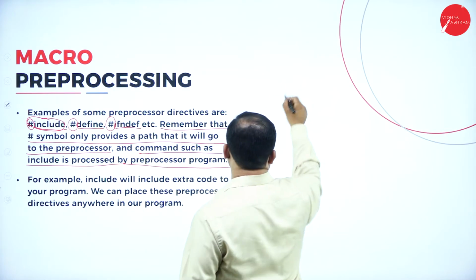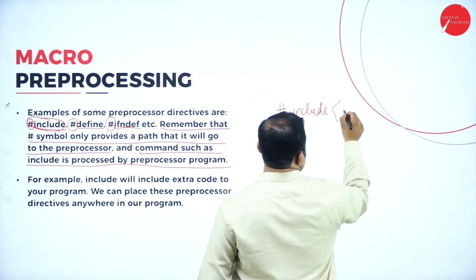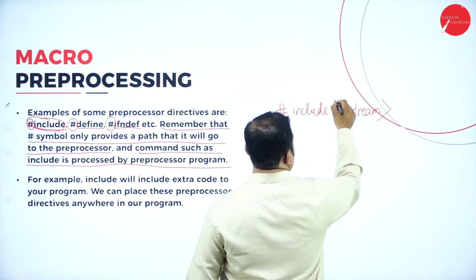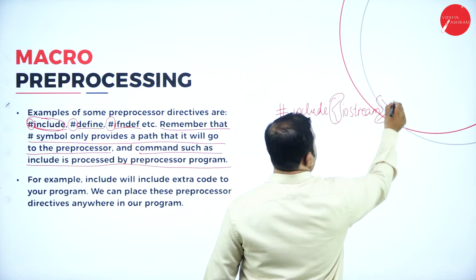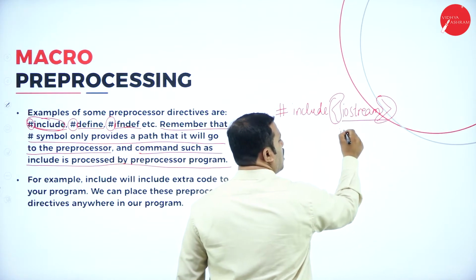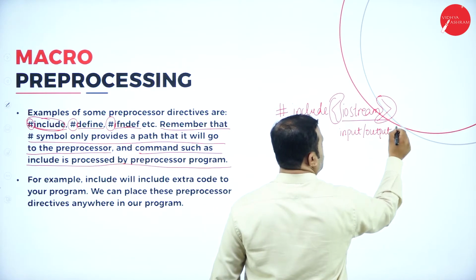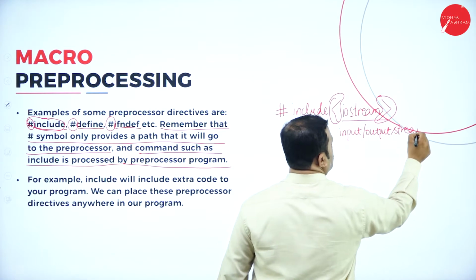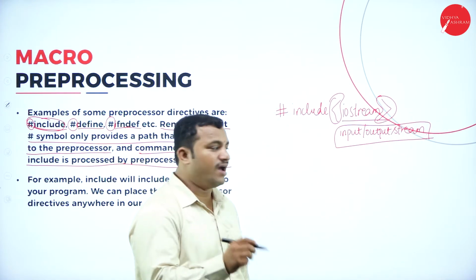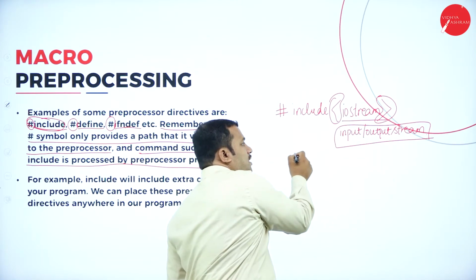In this case, we can write #include in angular brackets with iostream. The angular brackets indicate that the file named iostream, that is, input output stream, should be included. The input output stream file is to be included because the functionality of input output operations is to be carried out in the program.